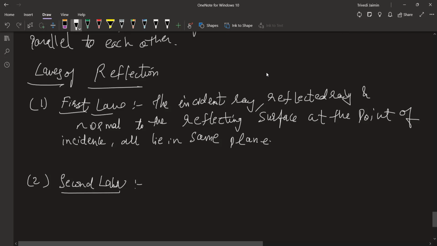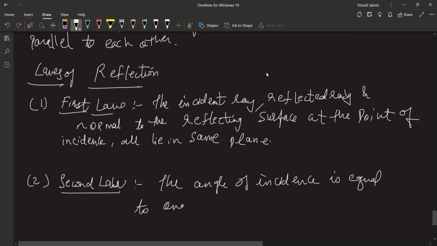Now you tell me the second law. Angle of incidence is equal to angle of reflection. Very good. Both these laws will be followed everywhere.